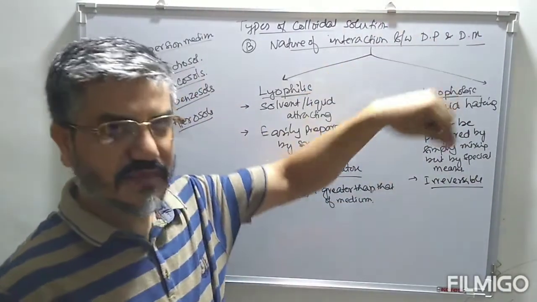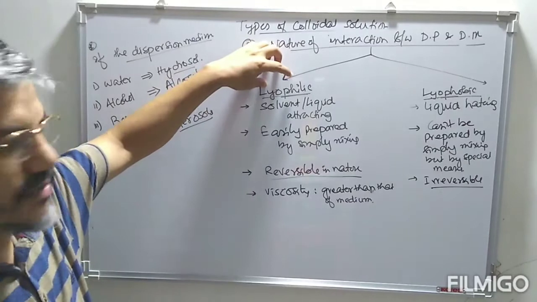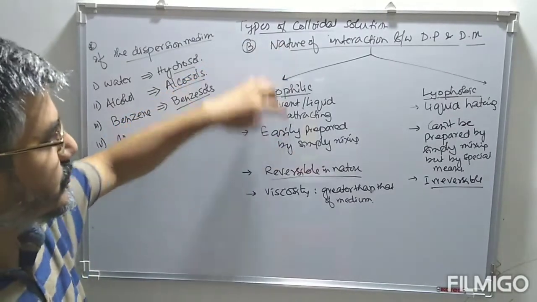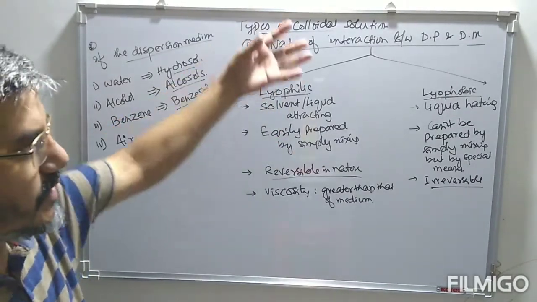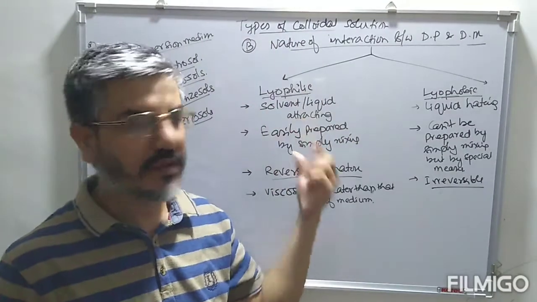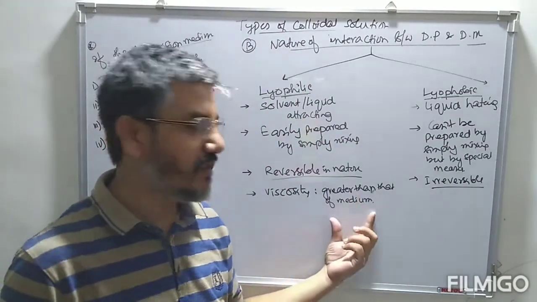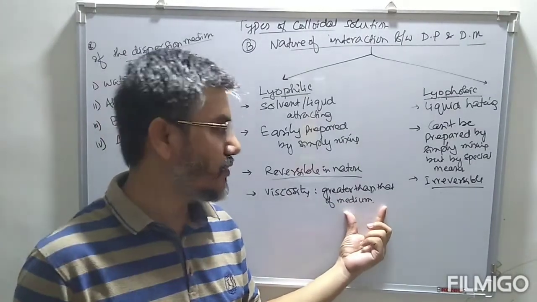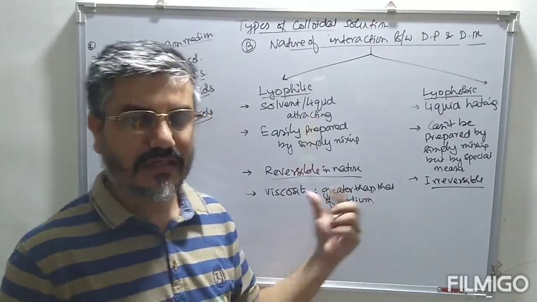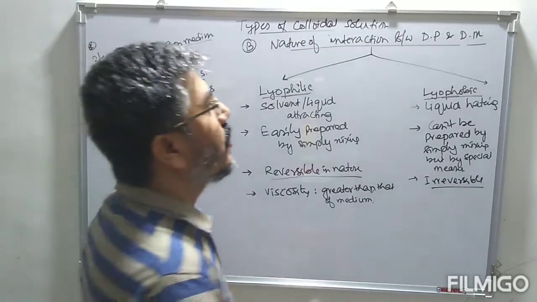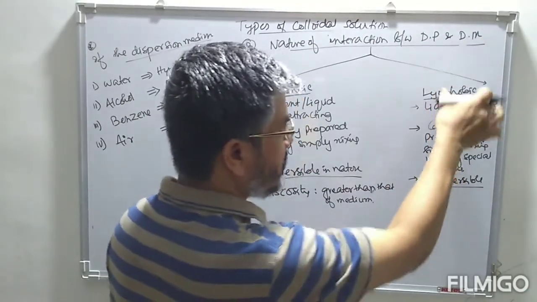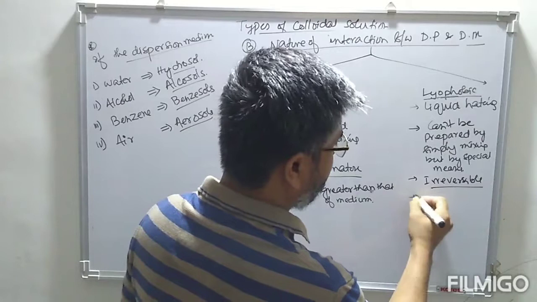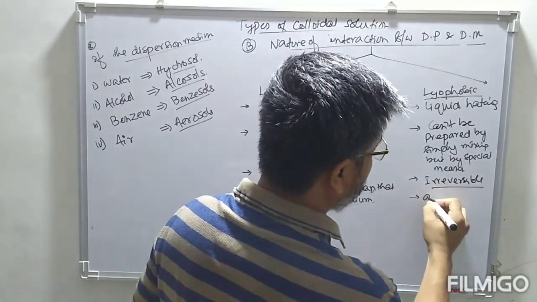Now to this we add the dispersed phase, we obtain the lyophilic sol. Now we measure the viscosity of the lyophilic sol. So when we compare the viscosity of the lyophilic sol with that of the dispersion medium, the viscosity of the lyophilic sol is always greater than that of the dispersion medium. Whereas in the case of the lyophobic sol, the viscosities are almost the same.